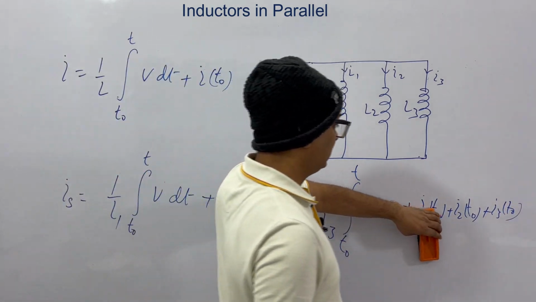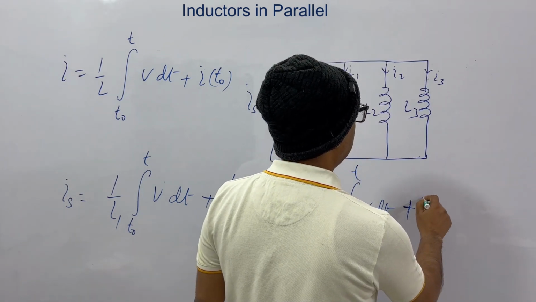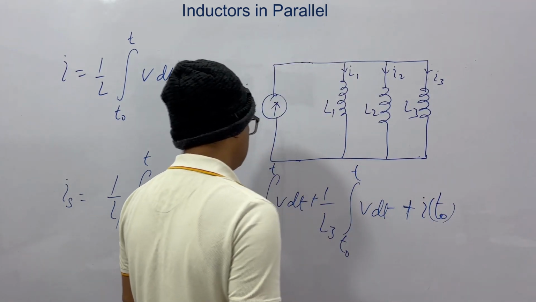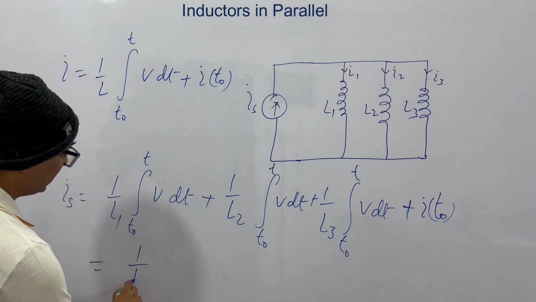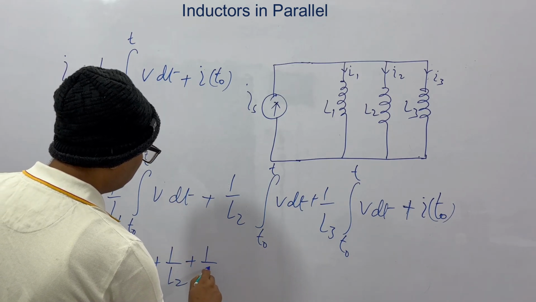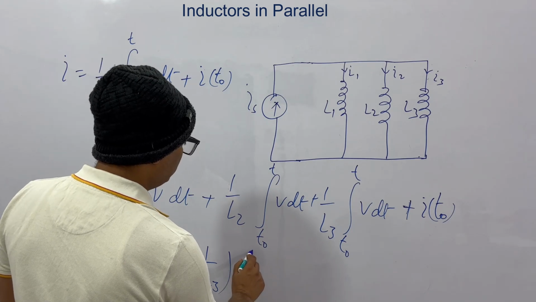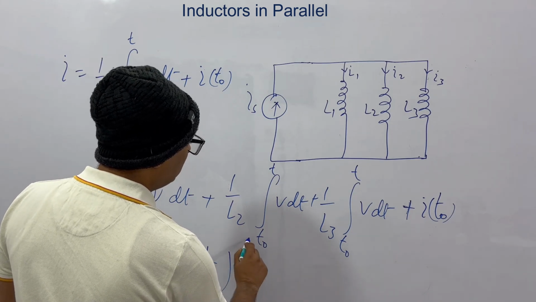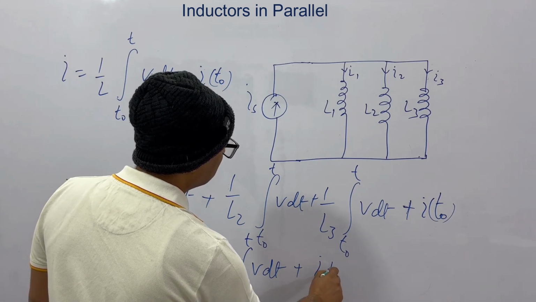We can combine all three as, let's say, I at T0. So this is the initial condition. Now what we get from here is 1 by L1 plus 1 by L2 plus 1 by L3, into the integral from T0 to T of V dt, and then we have the initial condition.